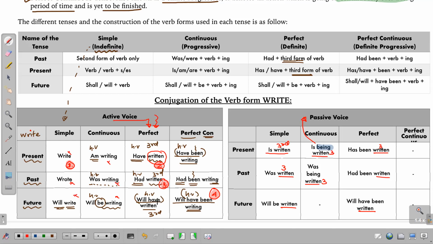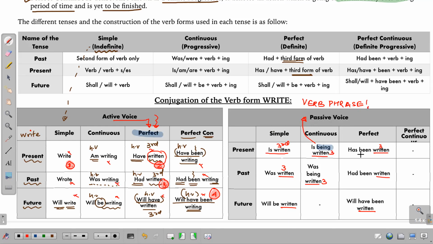I think observe this table very clearly. Right. So the only conflict that is ever going to happen in your mind is the active voice perfect tenses with certain passive voices. Though, if you look at it clearly, there is no conflict in the overall verb phrase. The overall verb phrase never conflicts.